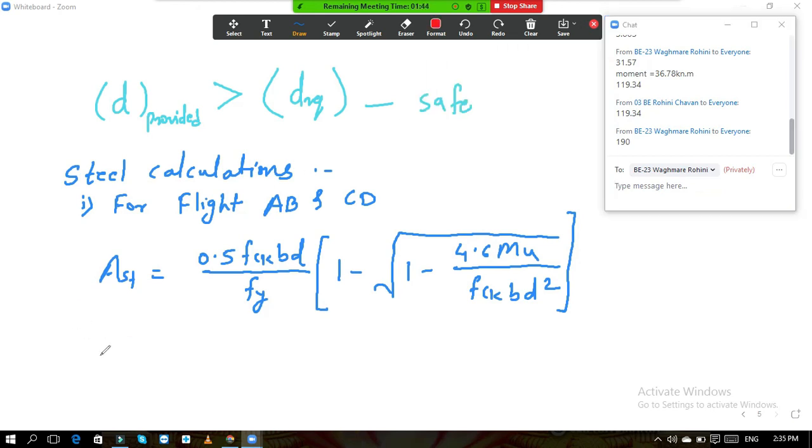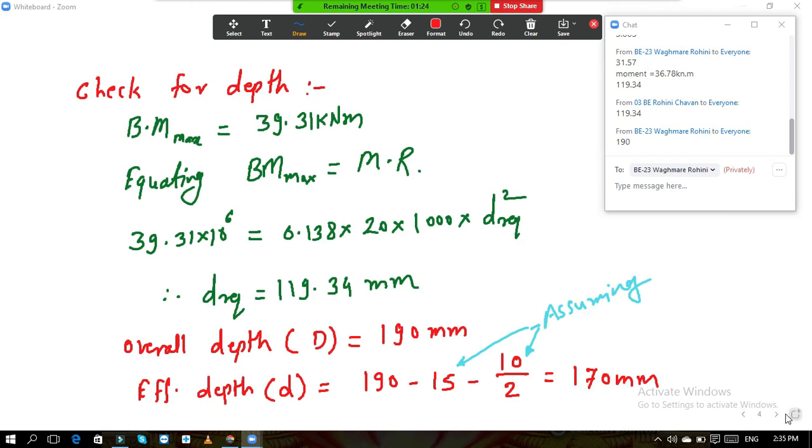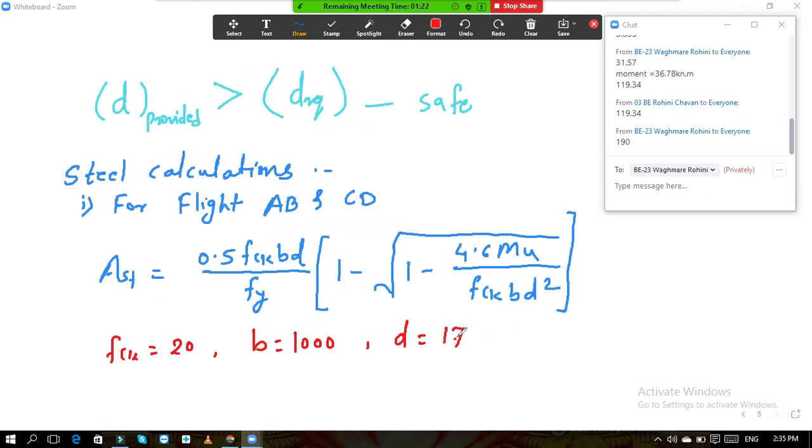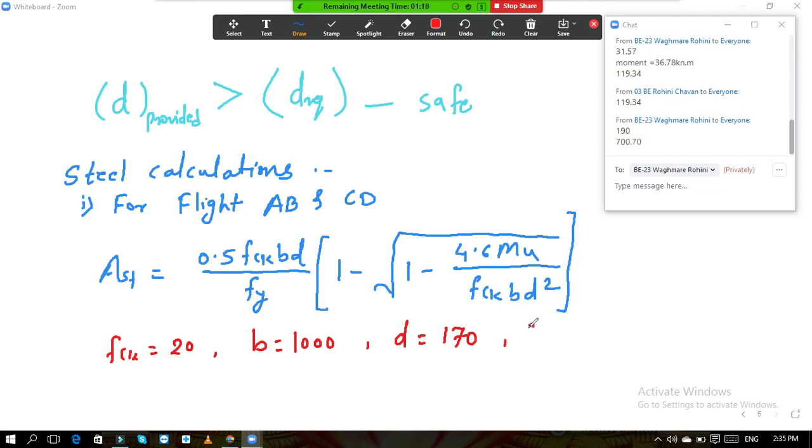I will tell you the value, just put those values. FCK is equal to 20, then B is equal to 1000, D is equal to 170, then FY 415, and last thing is Mu.